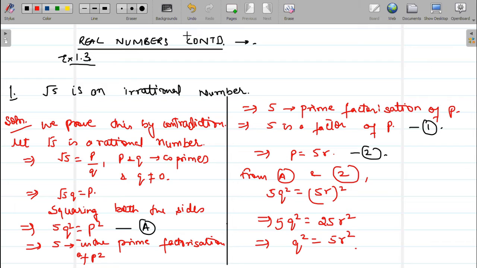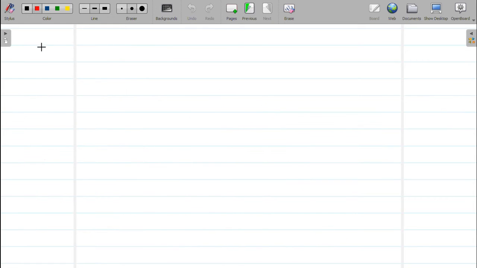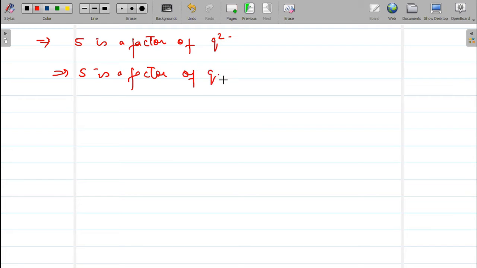So what do I get now? Again the same thing: this implies 5 is a factor of q square. This implies 5 is a factor of q also. Let me mark this as 3.